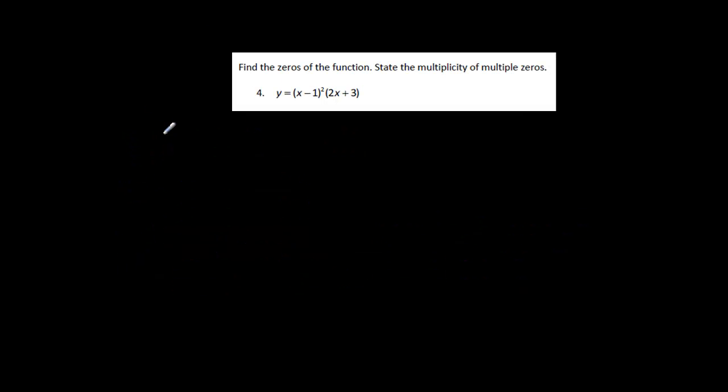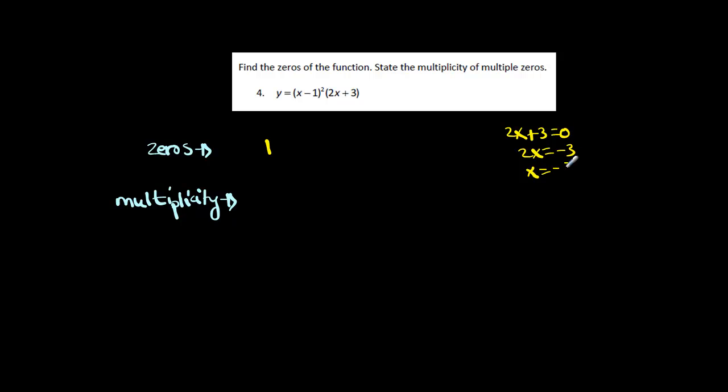Number 4, find the zeros of the function and the multiplicity. So we'll write the zeros and then the multiplicity. So the zeros, the 0 over here is going to be 1. The 0 here, when you set it equal to 0, you subtract 3 and then divide by 2.